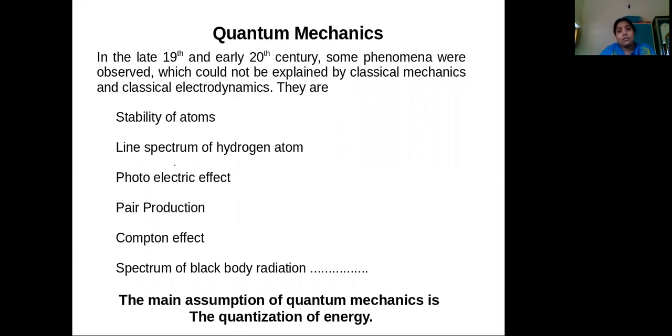Whenever rotation happens, acceleration is there, and any accelerated charged particle emits radiation. So they will lose their energy, and after a certain time, orbiting with smaller and smaller orbits, they eventually go to the nucleus and fall on it. As a result, the atoms will be unstable. But the case is not so, because atoms are stable. So atomic stability was under question.